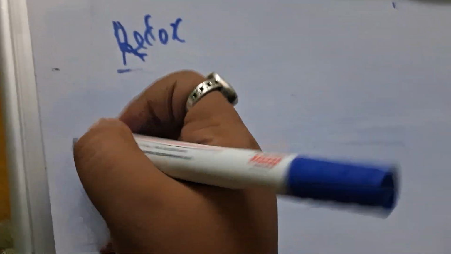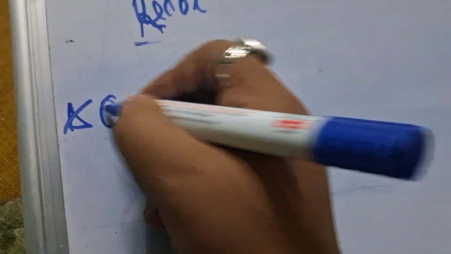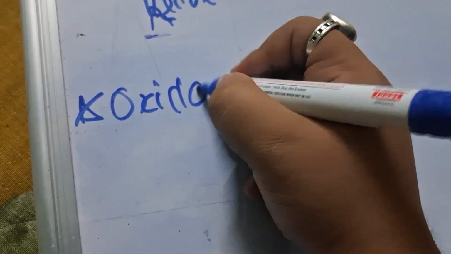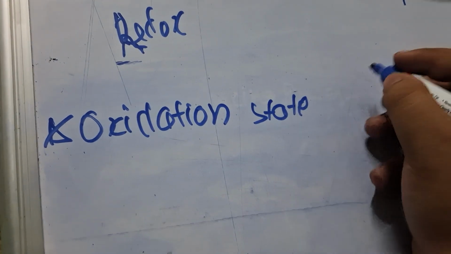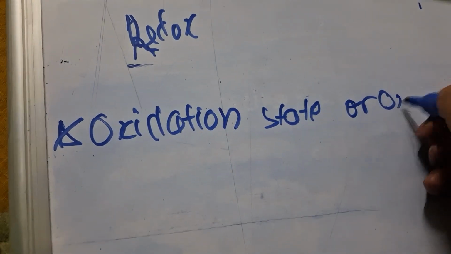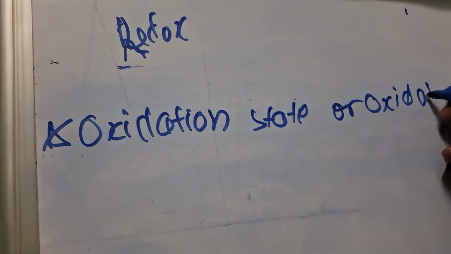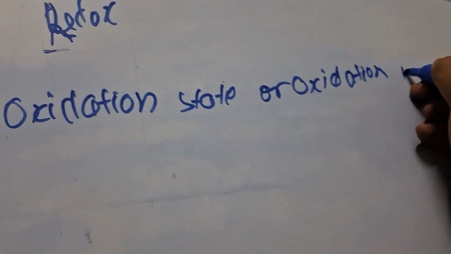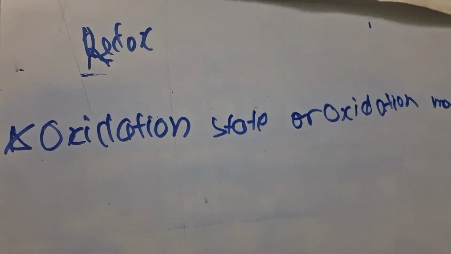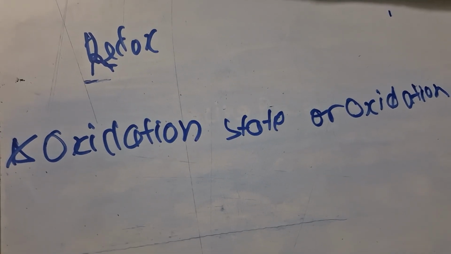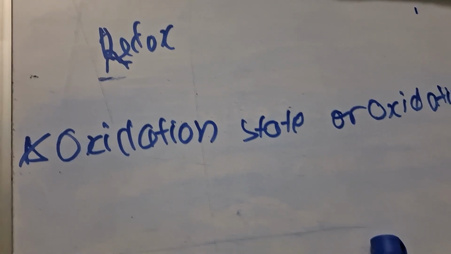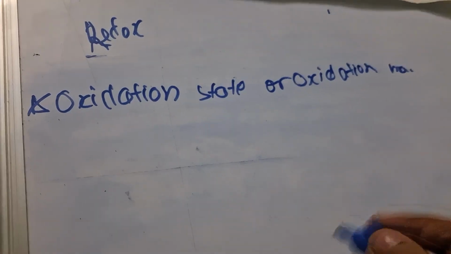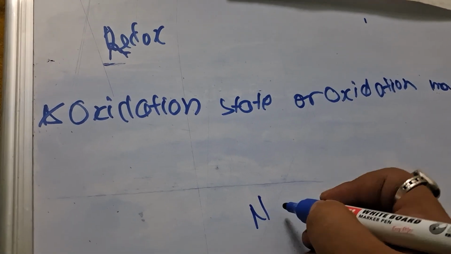Next, we get on to oxidation state or oxidation number. Now this will actually take some explaining. Let's say you have a compound like this.